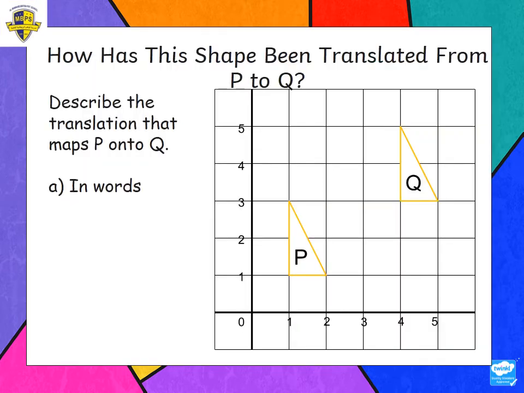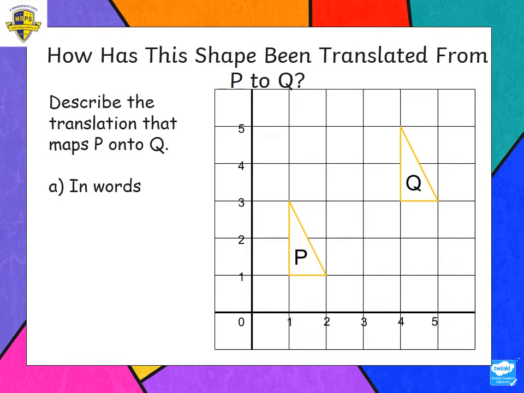Here another question. We have these two triangles B and Q, and the question tells you: describe the translation that maps B to Q. So B to Q, how do we move it? Let's choose a point, then we will work on this point. So we will choose the first one.